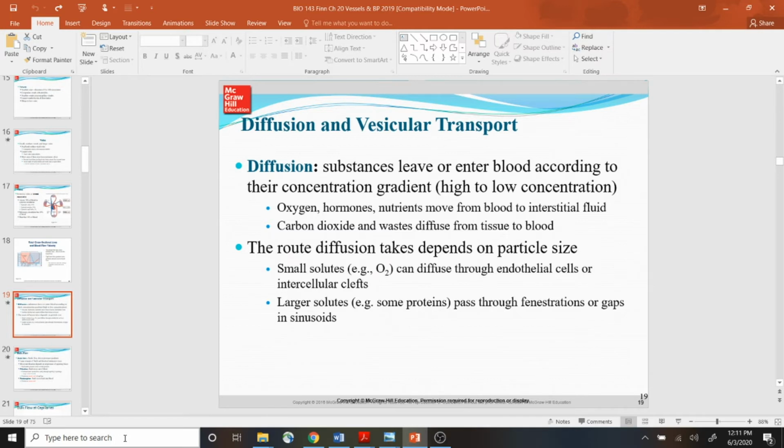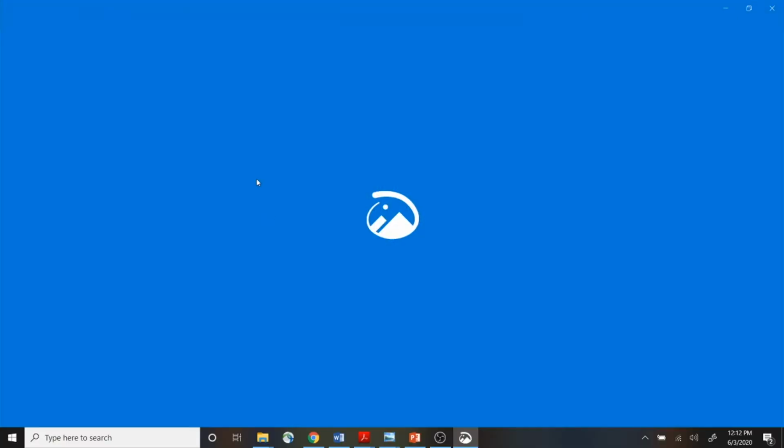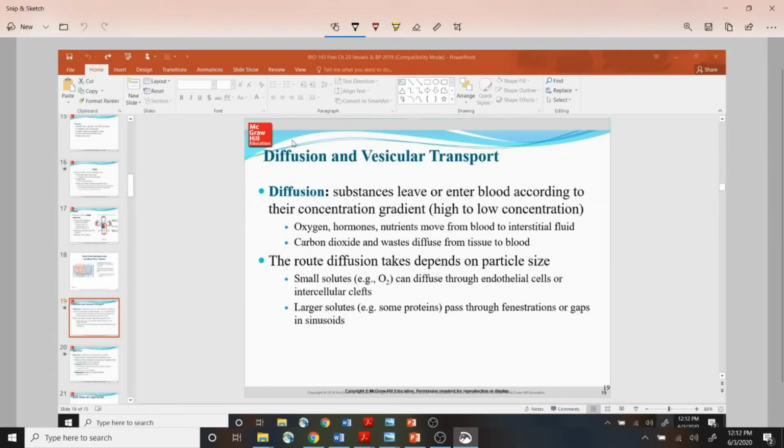Now, there are typically 3 exchange processes for substances to leave capillary beds. Depending on where you're at and the size, diffusion is 1, vesicular transport is 2, and then bulk flow, which we're going to talk about next, is 3. We don't spend a whole lot of time on vesicular transport.